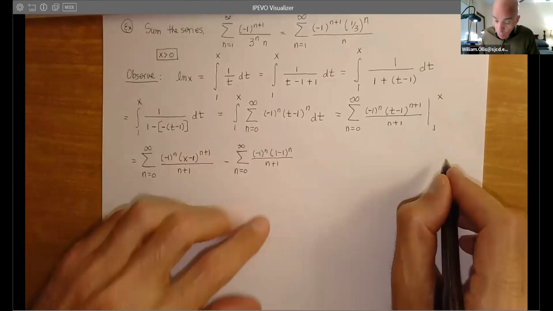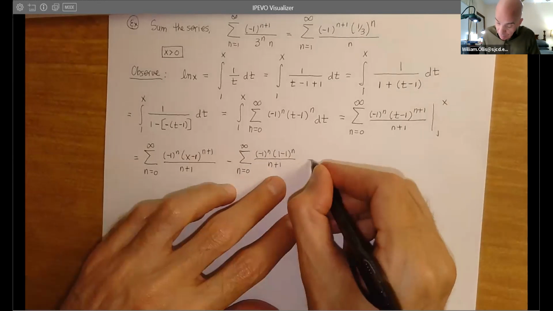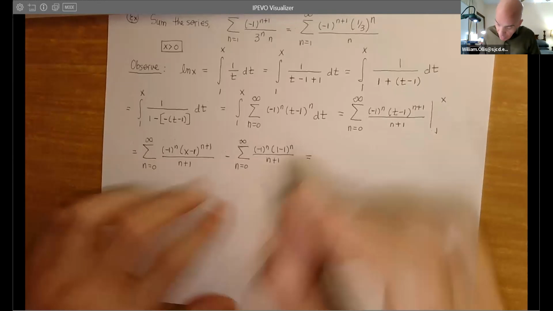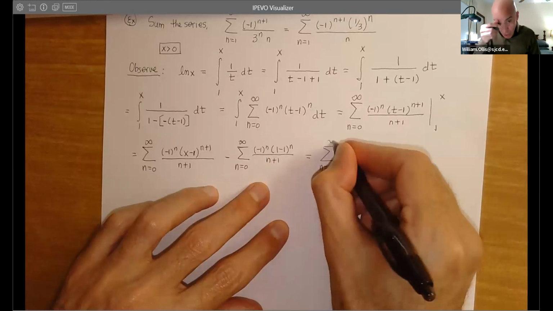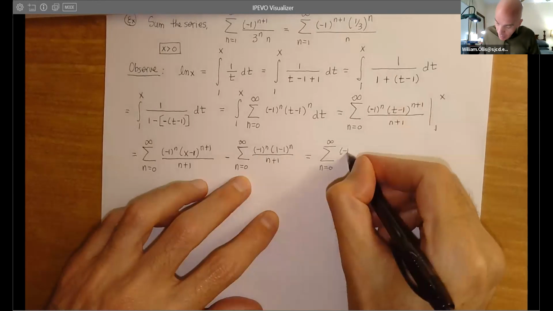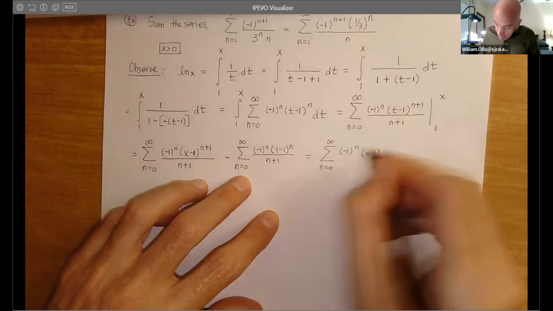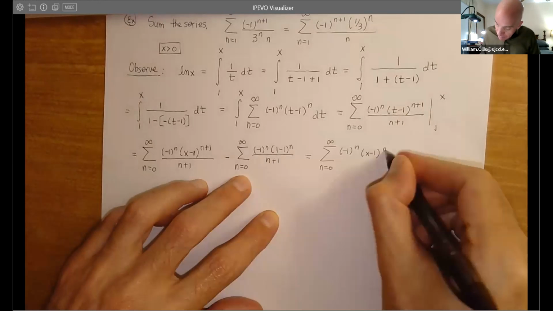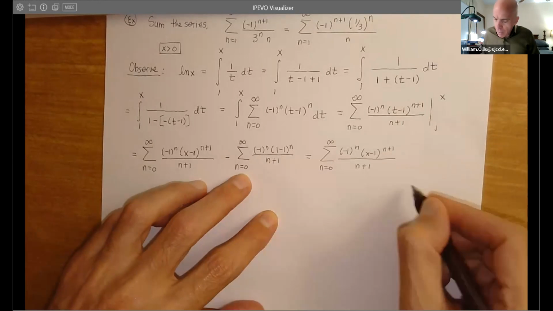And of course, for all values of n, this just zeroes out. So this gives us just the series n equals 0 to infinity of -1 to the n, x minus 1 to the n plus 1 over n plus 1.